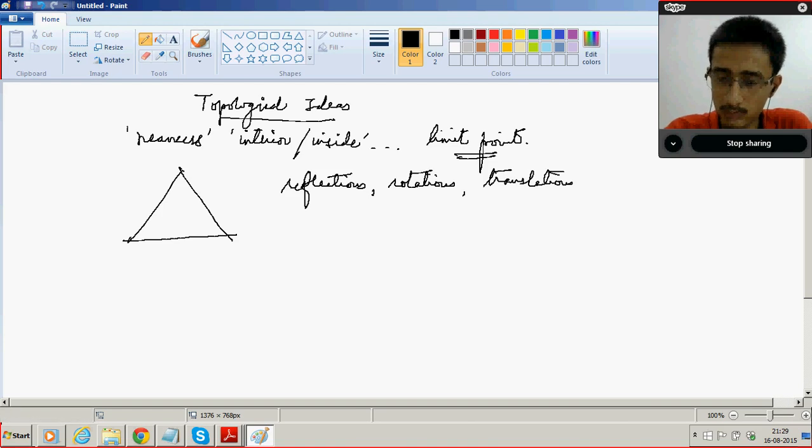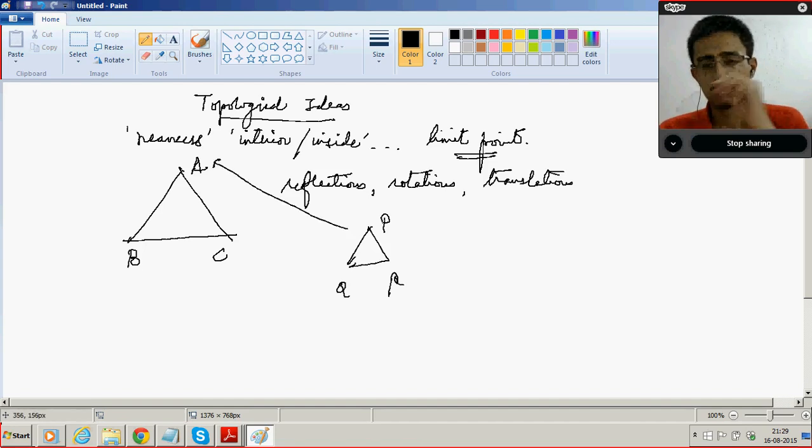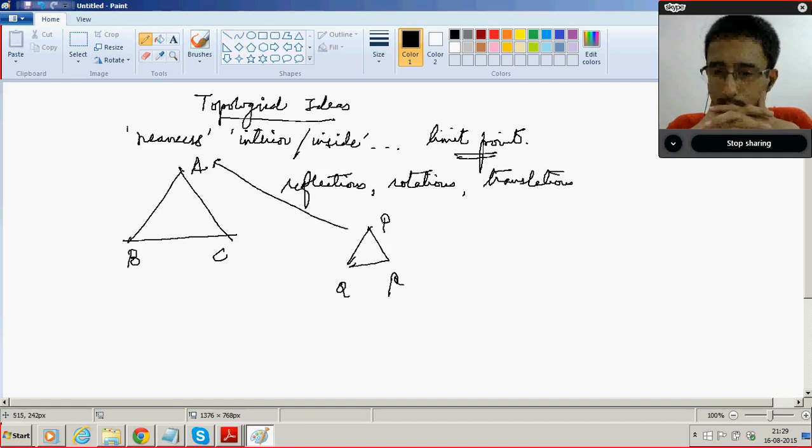See, when do we say that a triangle ABC is congruent to triangle PQR? You take one of the triangles PQR, slide it onto this one. If the edges and the vertices coincide, then we say that the two triangles are congruent. And plane geometry deals with properties which are invariant under these transformations.